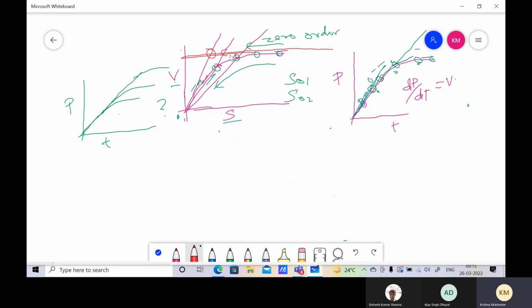What are these points? So for example, what would be this point when I draw a tangent at the original value of V versus this? What would be this point if I draw this straight line which cuts at V by 2? What would be this line and where would this point be if it cuts at 2 by 3V or 3 by 4V?